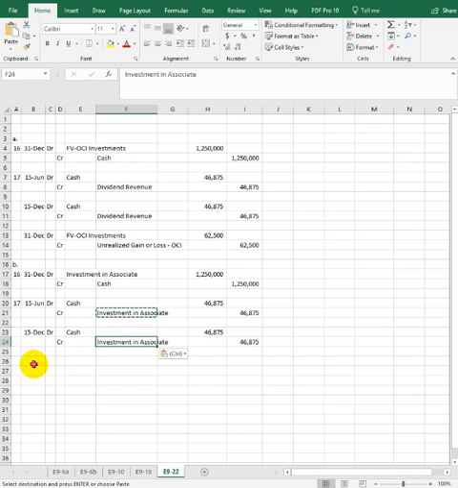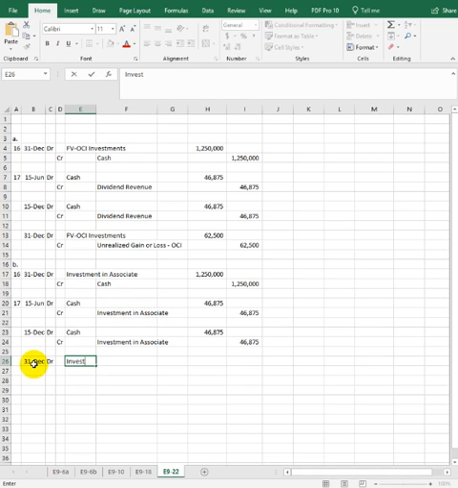Alright, so then on the 31st of December, we still have to adjust for the fact that we have a value change there. But in this case, the value change is through our share of the earnings of the subsidiary company. So we actually changed the investment in the associate. It is calculated as $520,000.